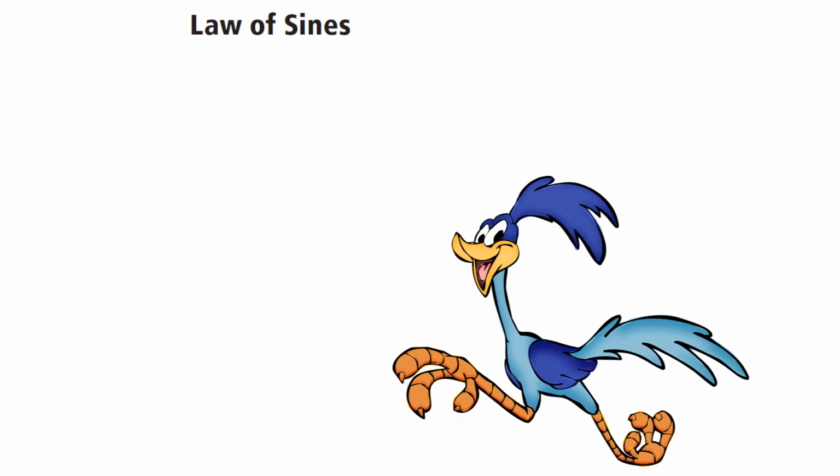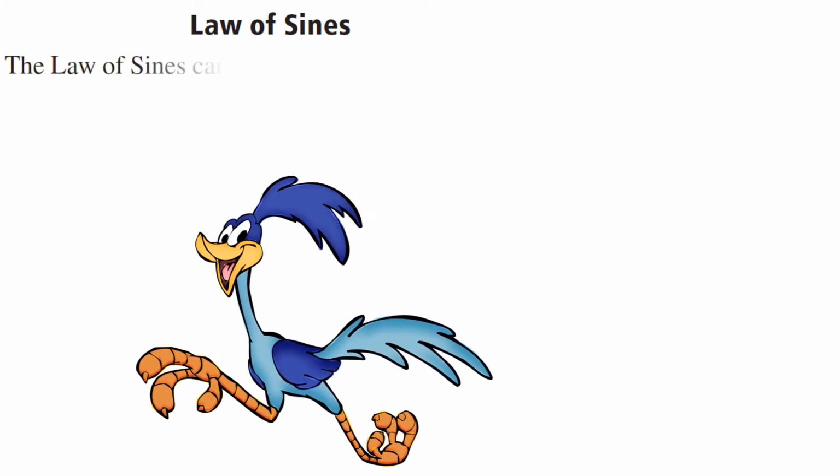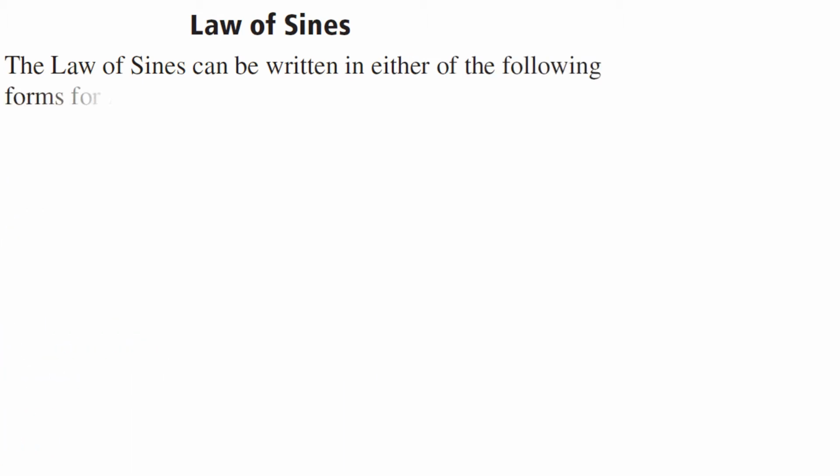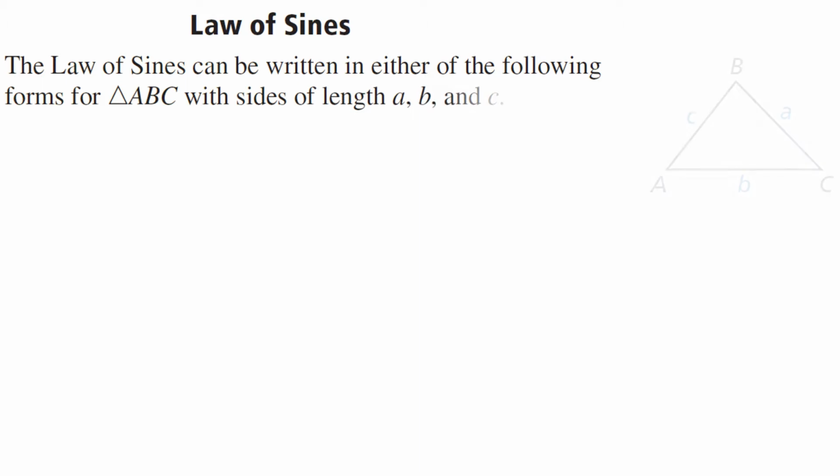And okay, we got another bird going by here. The law of sines. Now I can do either form here. There's my picture, triangle ABC. Notice C is not a right angle. Notice there's no hypotenuse. Instead of two legs and a hypotenuse, we just have three sides.